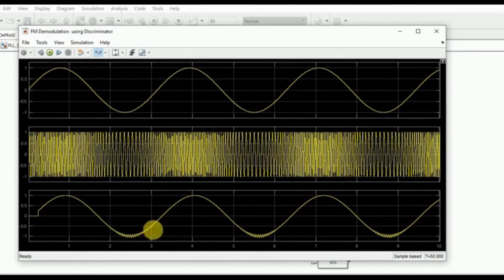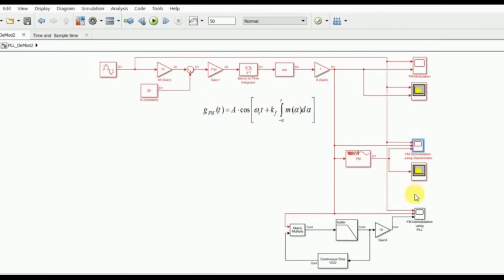This indicates that for the discriminator we would have significant high frequency content still left, but that can be removed using a low pass filter as well. So this also compares our PLL with another technique, that is the frequency discriminator.